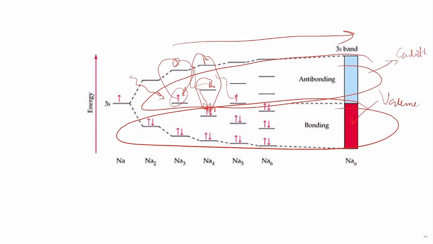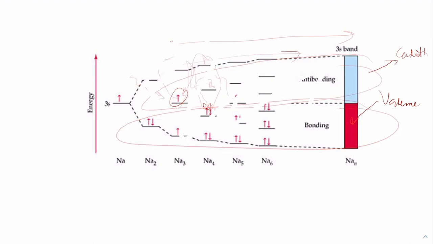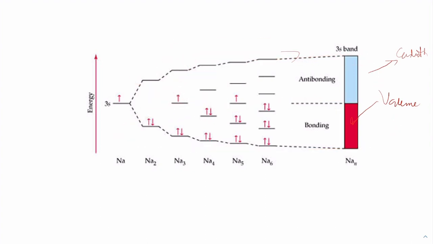All that's happening is a bunch of electrons are just coming up and down and moving across or transferring their energy across to the next electron across from it. So that's kind of the idea behind the concept that molecular orbital theory is trying to explain in terms of conduction of heat and electricity.